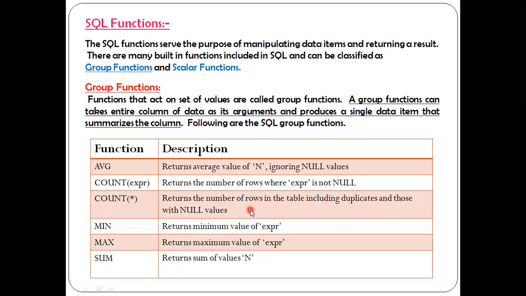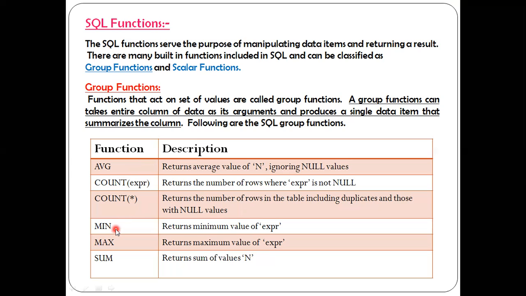This function is going to return the number of rows which are present in the table, including duplicates and even those with null values. If a row does not contain any value, that also is going to be counted. Star indicates all, including duplicate values and null values. Which one? COUNT of star. So: average, count of expression, count of star.